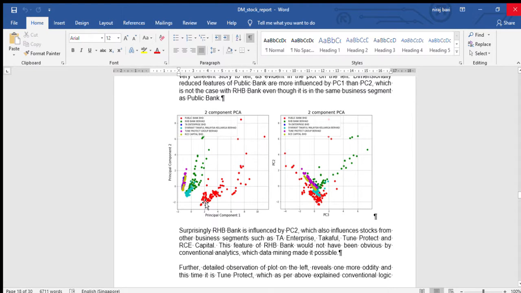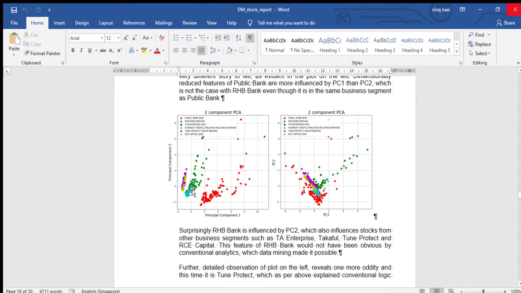As you can see, changes in principal component 1 have very little change in principal component 2 for Public Bank. So Public Bank is driven more strongly by principal component 1. That's what it means, and the representation is positive, shown by the positive slope that you can see.